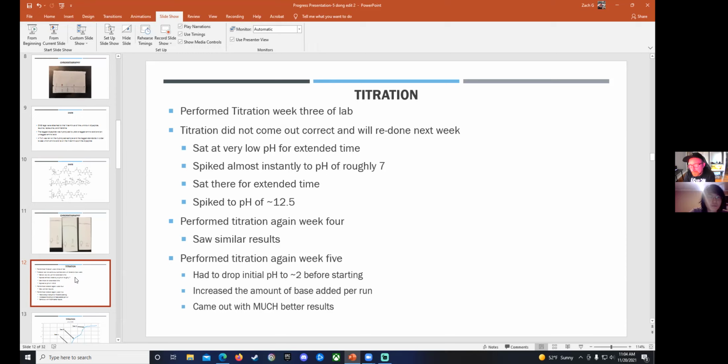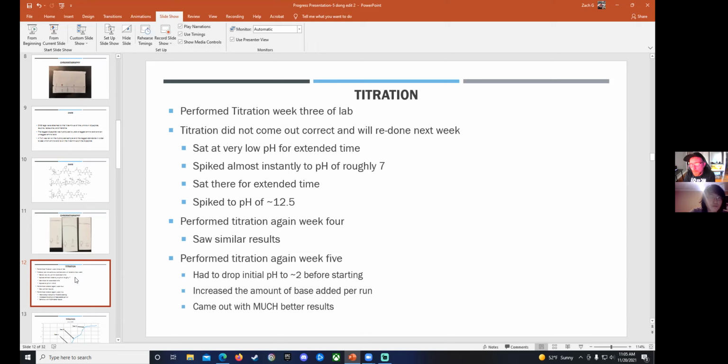It sat at an extremely low pH, which I'll point out in the next slide. It sat there for a long, long time.